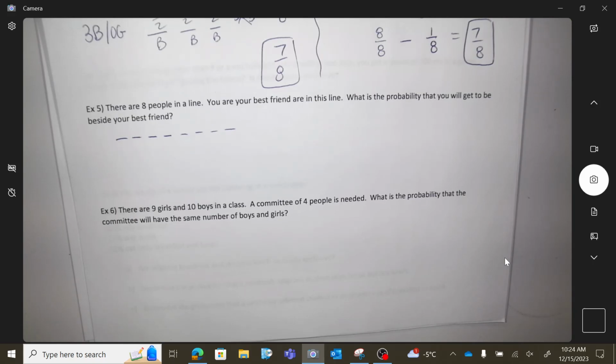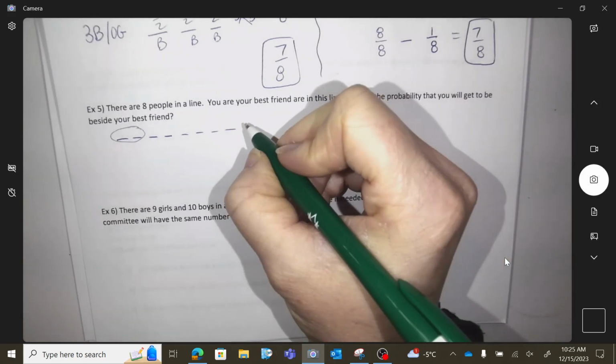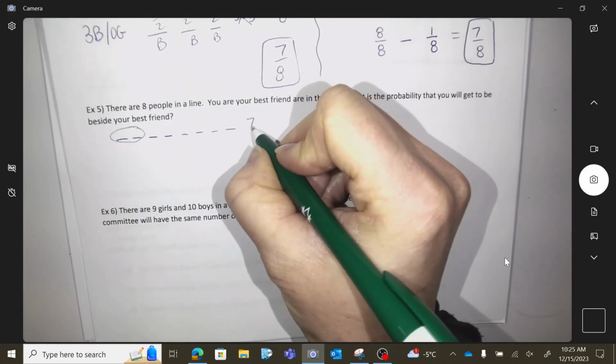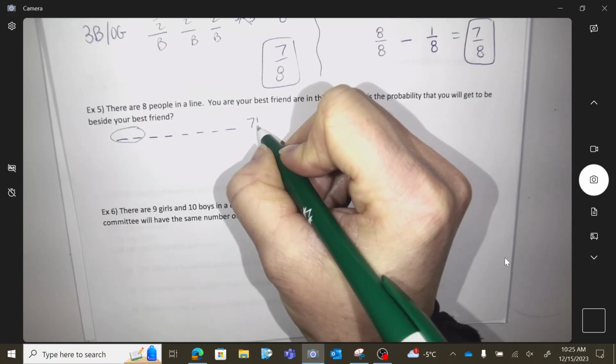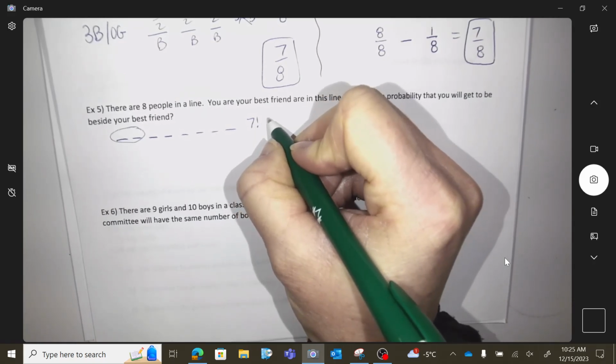How do I make me and my best friend stand beside each other? I glue us together. How many things are you moving around? 7. And then what are you and your friend doing beside each other?